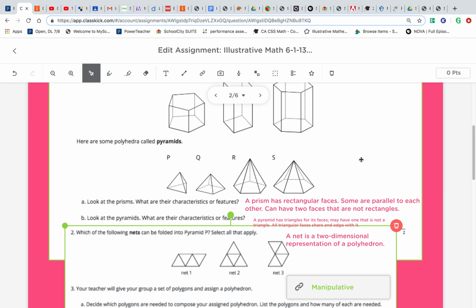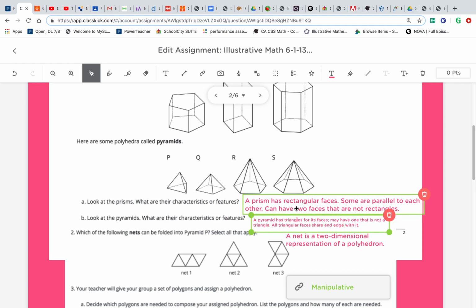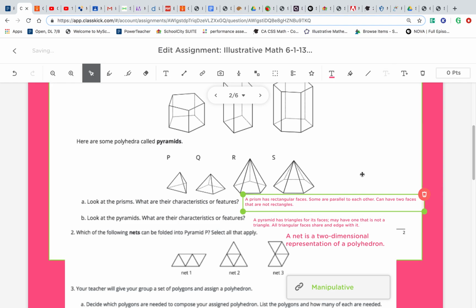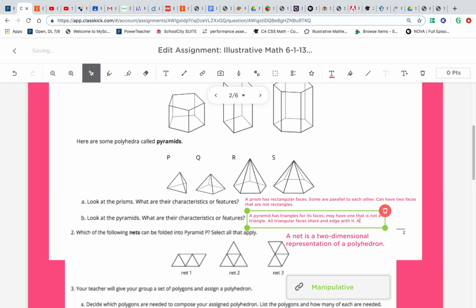And also, all triangles meet at a single vertex as well. So you can see that. Let me add that in. Let's make this all smaller. Okay, so all triangles meet at a single vertex.